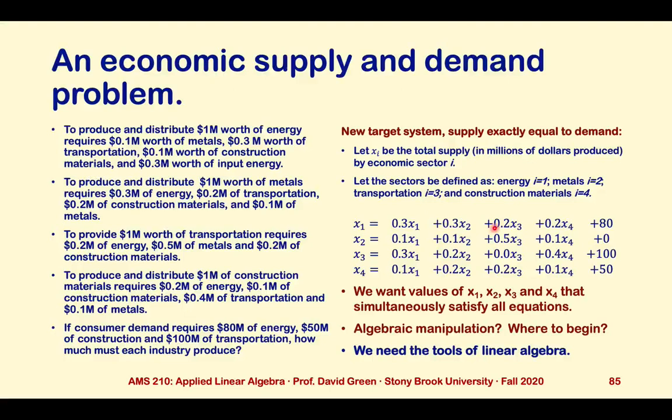Maybe we can get there by algebraic manipulation, but this is now a system with 4 unknowns and 4 equations. It's not obvious even where we really begin here. And you can certainly imagine that for larger problems with even more variables, it would not be a reasonable approach. Really, what we need to answer this question are the tools of linear algebra.